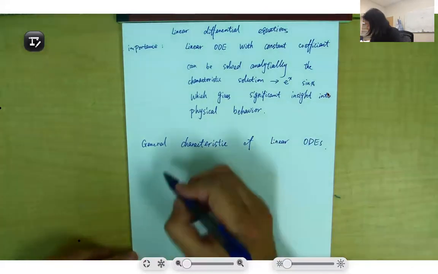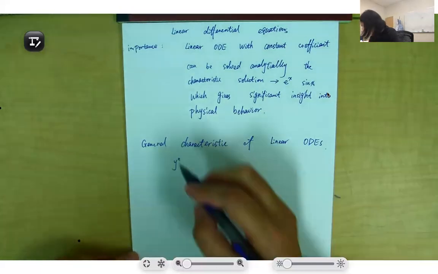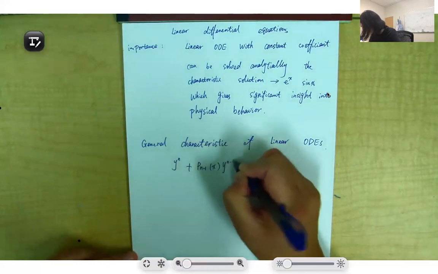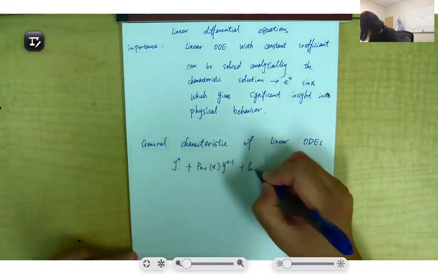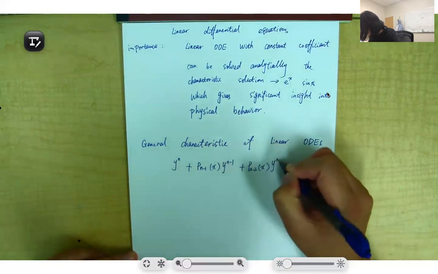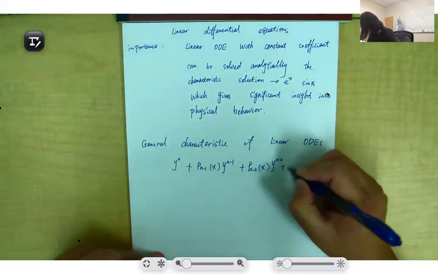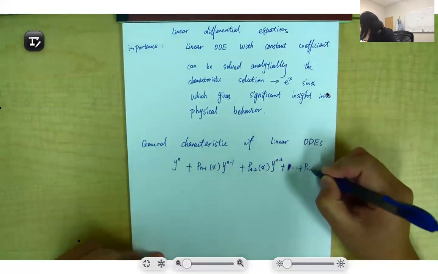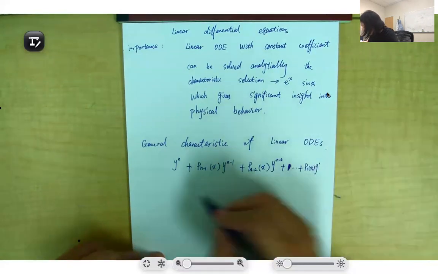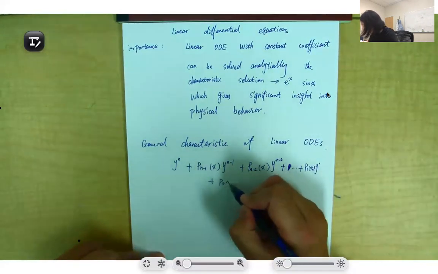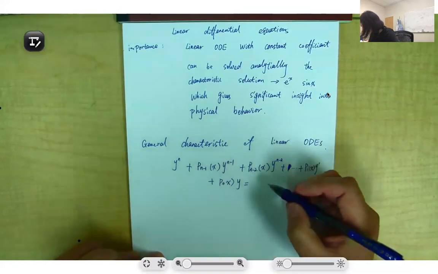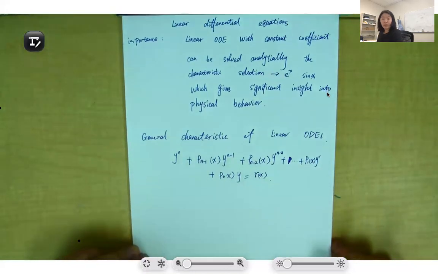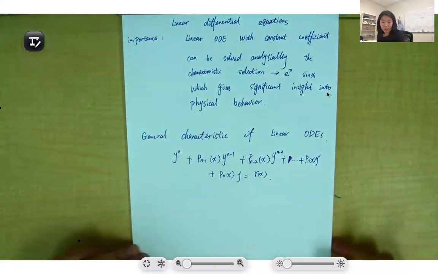So this is a higher order, y to the nth order, plus P_{n-1}(x) y^(n-1) plus P_{n-2}(x) y^(n-2) plus dot dot dot plus P_1(x) y prime plus P_0(x) y equals some function R(x). So this is the general characteristic of linear ODEs.